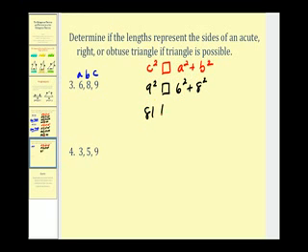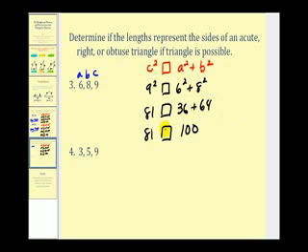So we'll have 81, and 36 plus 64, that's 100. So now we have c squared is less than a squared plus b squared, which means we have an acute triangle. All angles of this triangle will be less than 90 degrees.